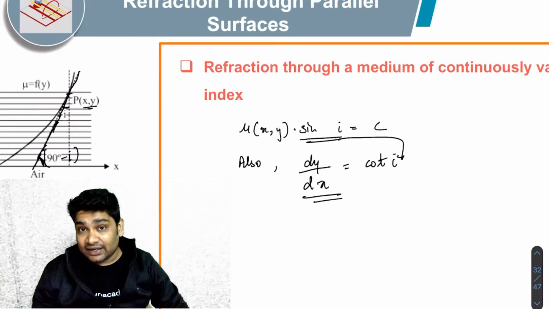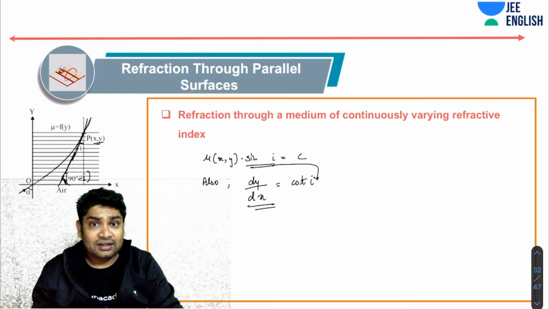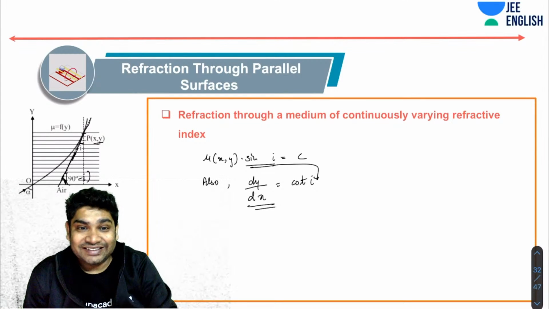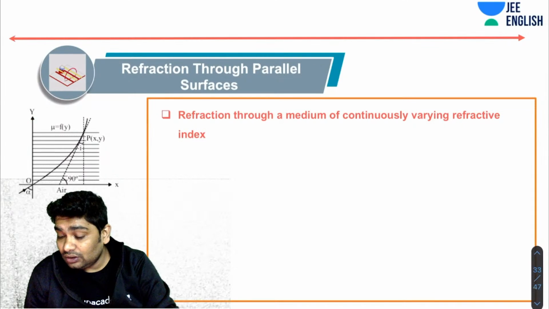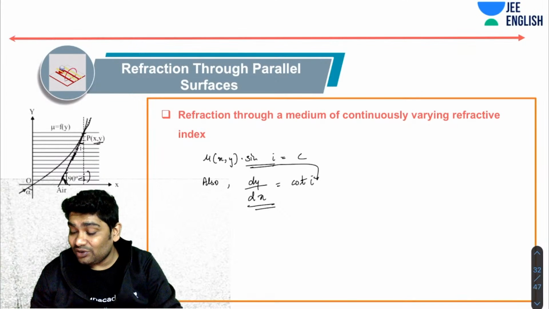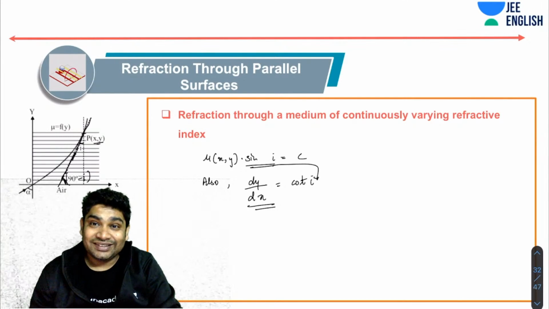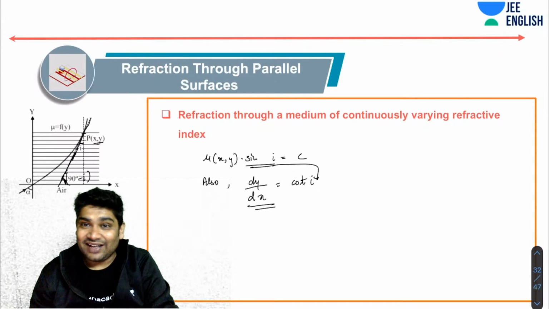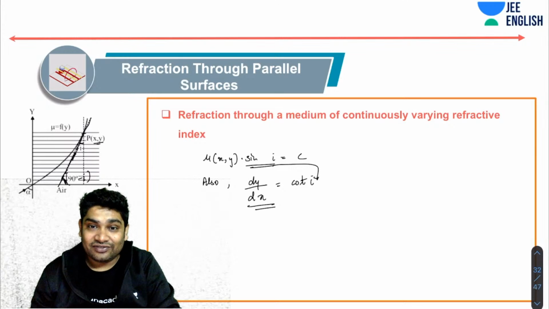So that is a very interesting thing. We will first try and tackle a problem with this. Again, mu is usually a function of y, so all you need to do is find the value of that, integrate that expression, and find yourself a relation.